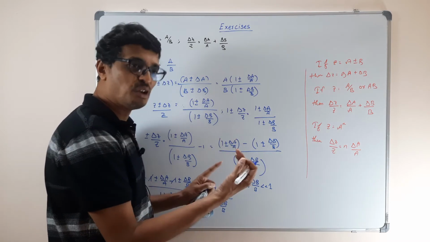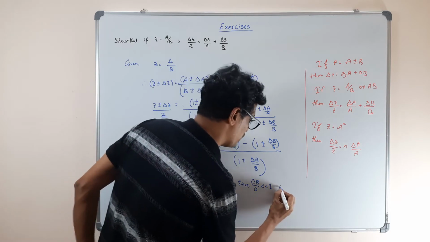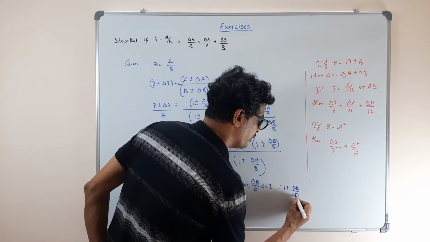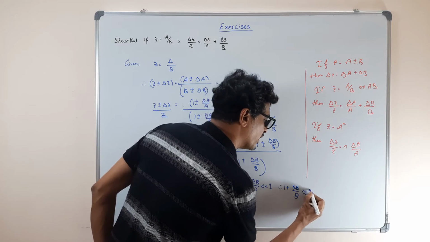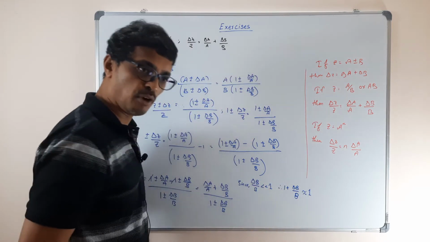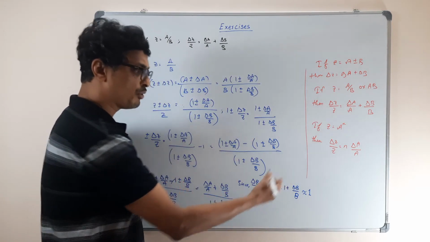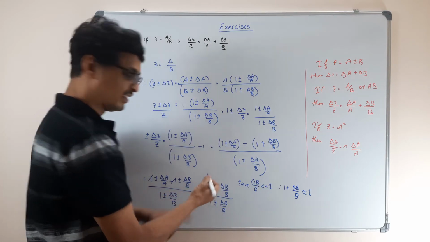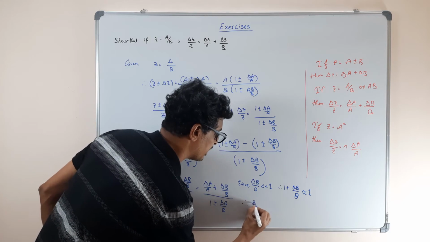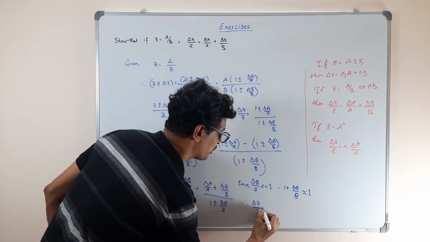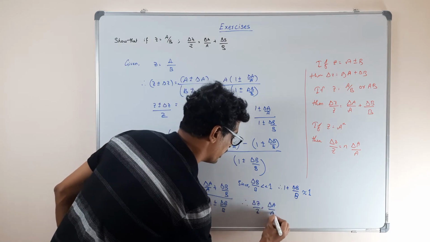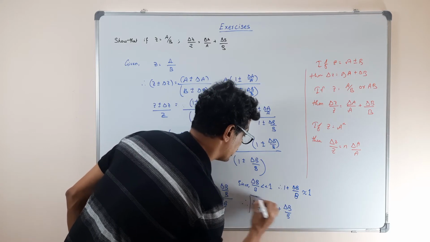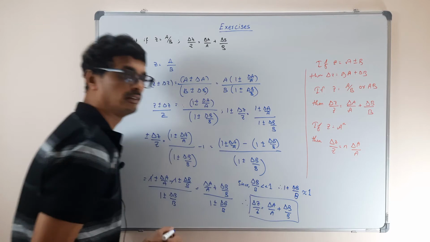It will be again equal to 1, correct? Therefore, 1 plus delta B by B will be approximately equal to 1 only. Adding a small number with 1 will be 1. So when it is 1, this goes off here. Therefore, delta Z by Z equal to delta A by A plus delta B by B. And that's what the answer is.